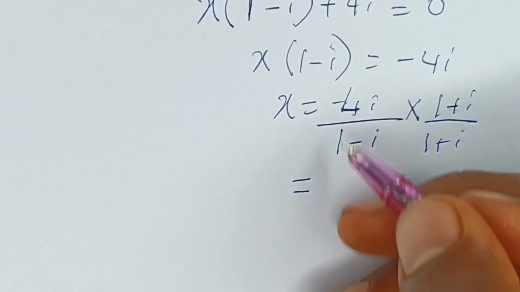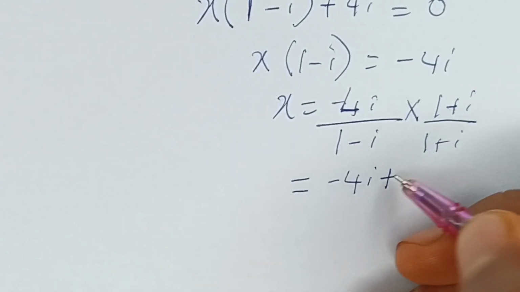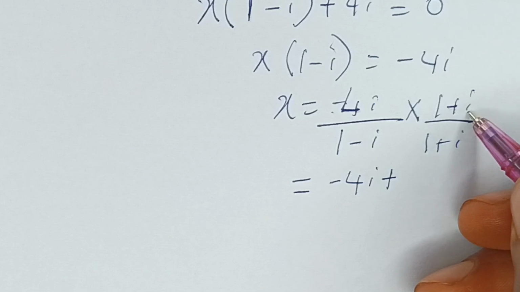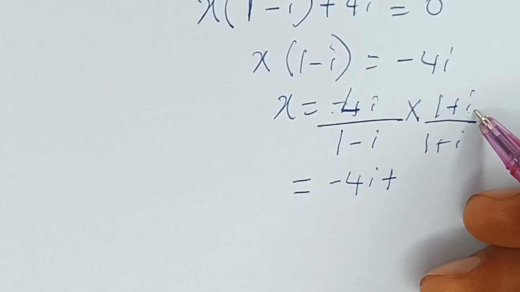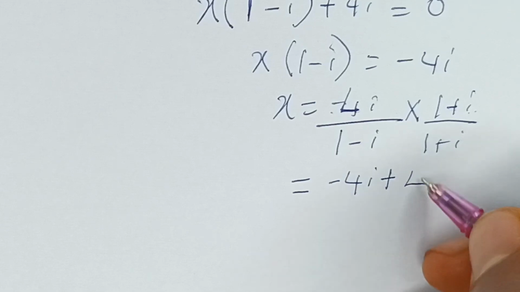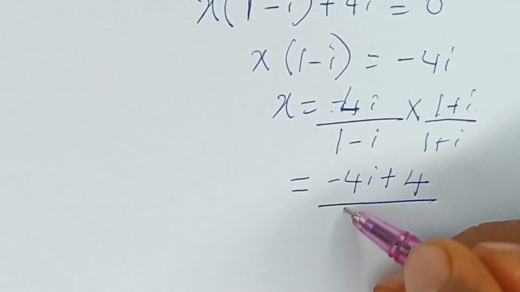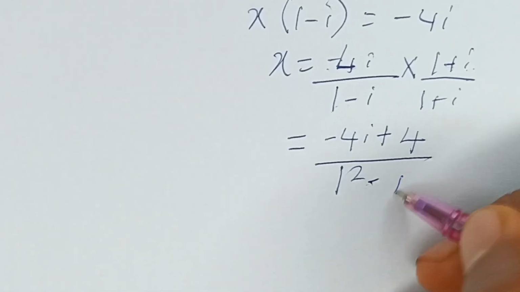This is equal to minus 4i times 1 is minus 4i, plus minus 4i times plus i, where i times i is minus 1, times minus 4 is plus 4, all over the denominator 1 squared minus i squared.